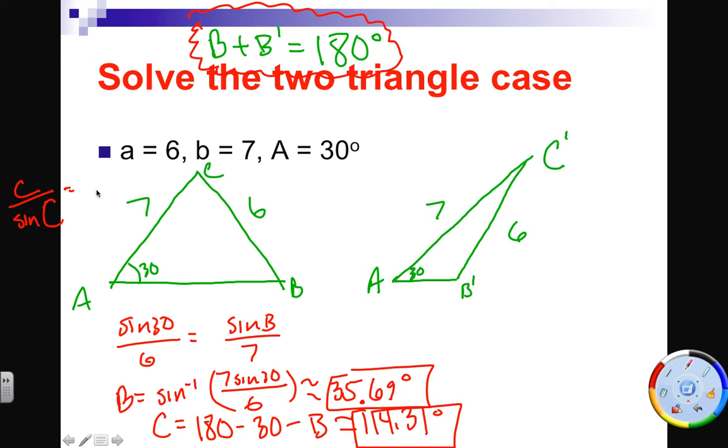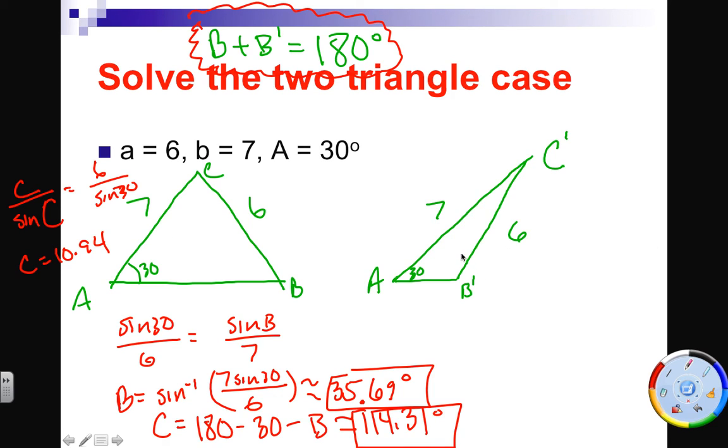I'm going to use the exact. Equals 6 over sine of 30. So little c is going to equal 6 times sine of C. So 6 sine of answer divided by sine of 30, and I get 10.94.